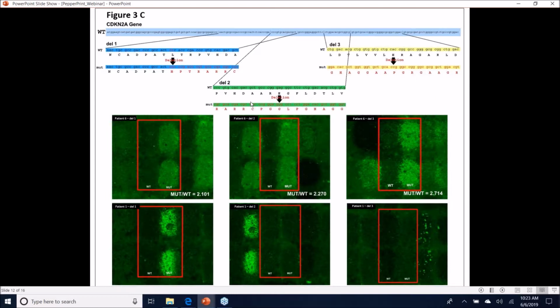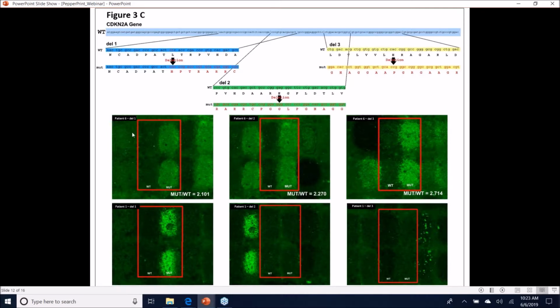Usually our peptides have a 5 amino acid overlap. What we call deletion 1, deletion 2, and deletion 3 have 5 amino acids in common, PVHDA for wild type here. And then the mutant is frame shifted right here because of the deletion. So these red letters indicate the frame shifted amino acids. So that would be a 5 amino acid overlap.